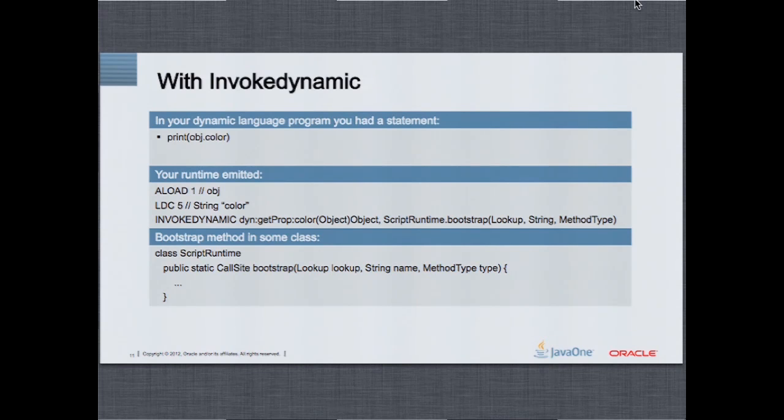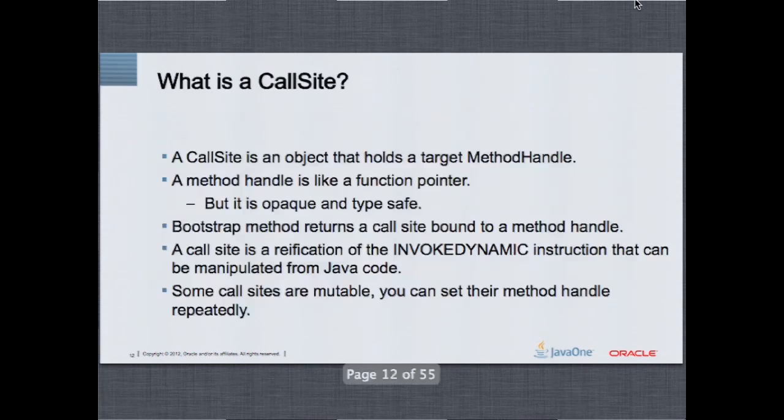And you also need to use something that's named a Bootstrap method, which if you have ever heard a talk about method handles and InvokeDynamic, you know what it is. Won't go too deeply into it. Basically, it's a method that returns you something named a CallSite, which is the runtime reification of that particular InvokeDynamic instruction, and it tells the virtual machine that, hey, okay, at this point, I will return you an object that is a holder for a function pointer.